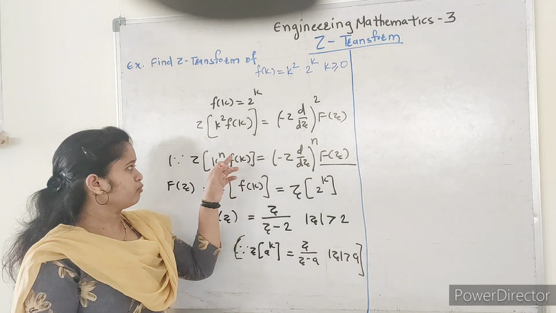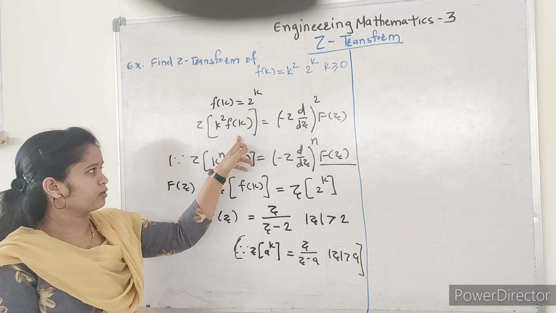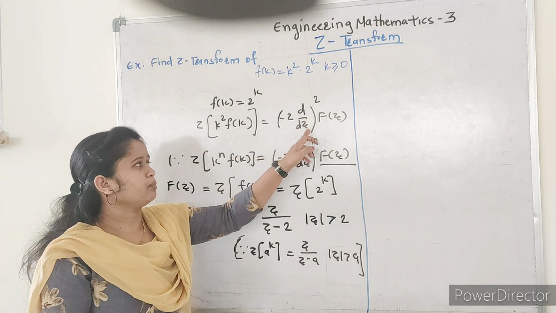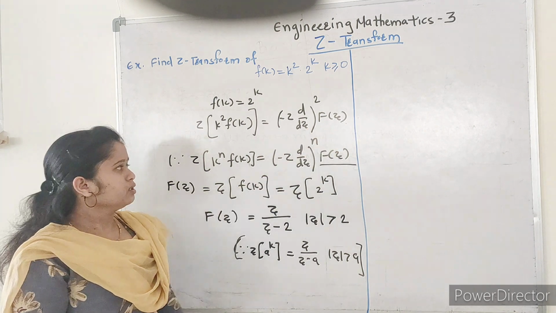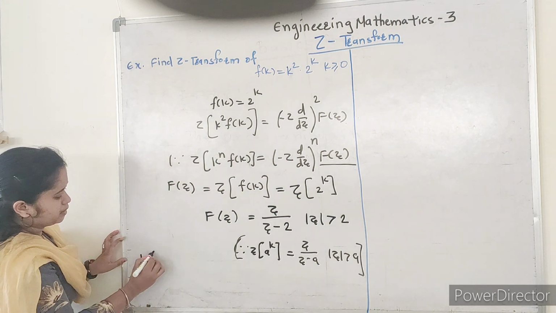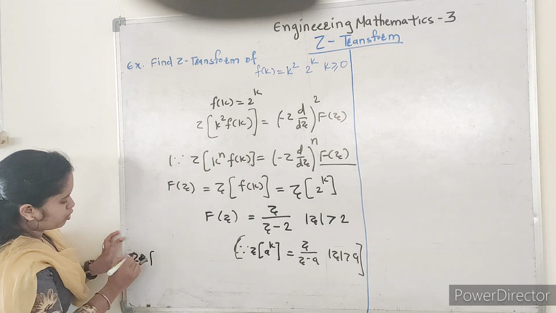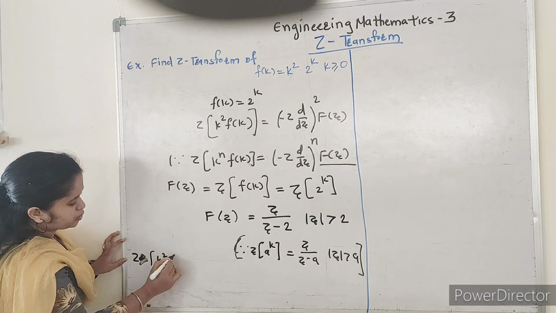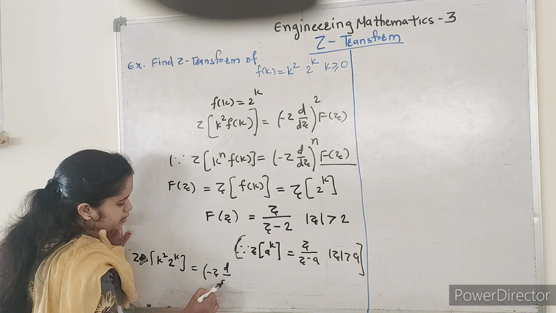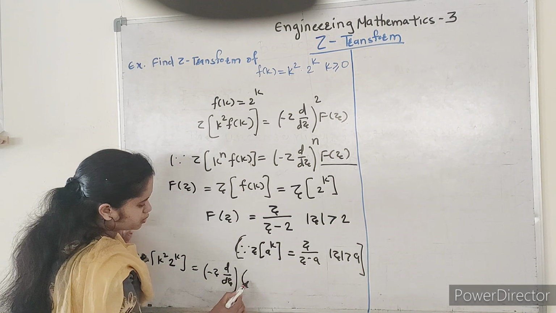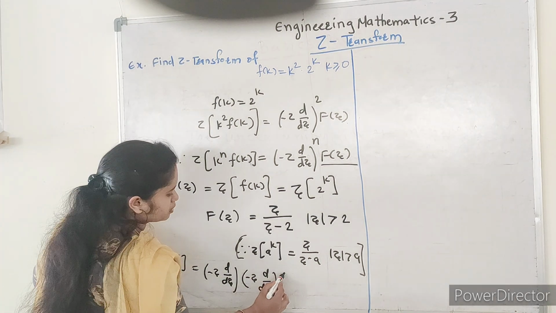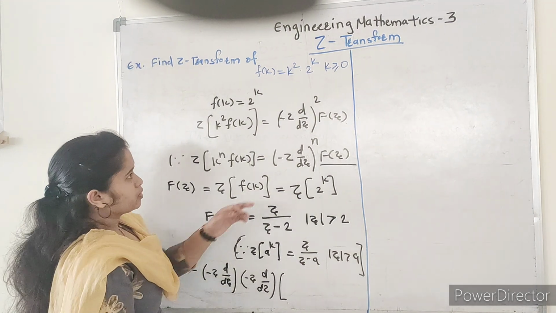Now we have to find the value of Z transform of k square into f of k, which is minus z into the double derivative of F of z, correct? So first we write the Z transform of k square into 2 raised to k is equal to minus z into d upon dz of minus z into d upon dz in bracket F of z.